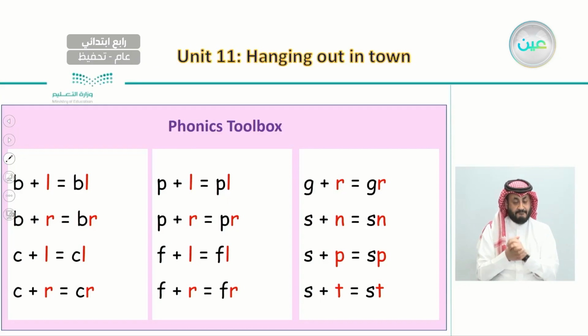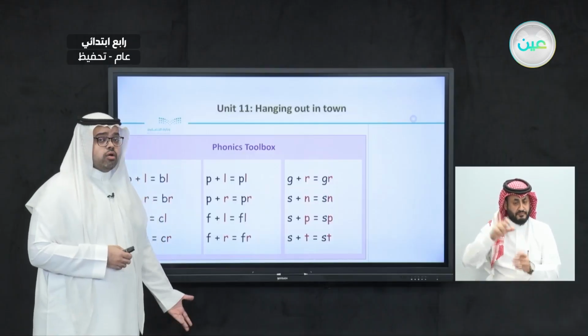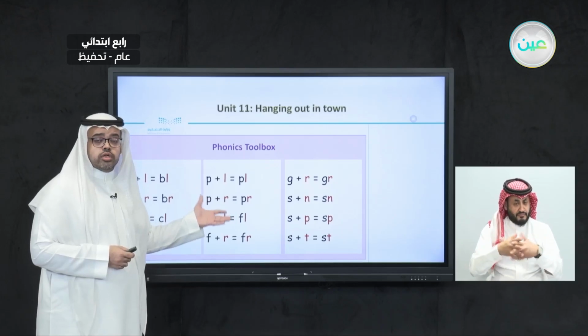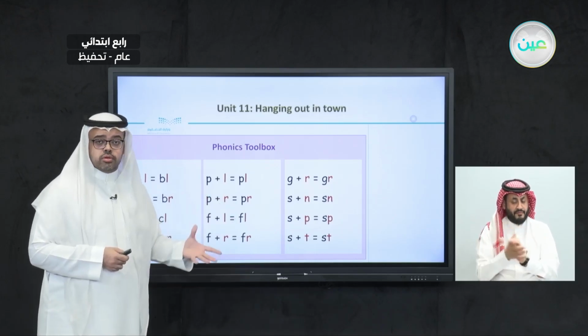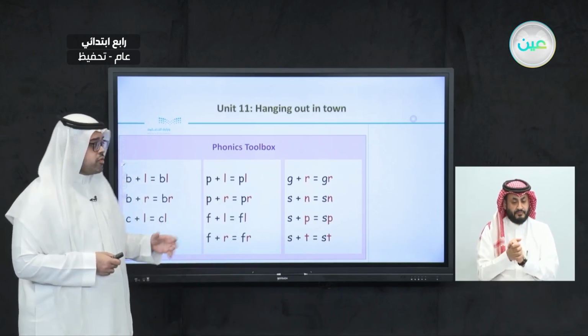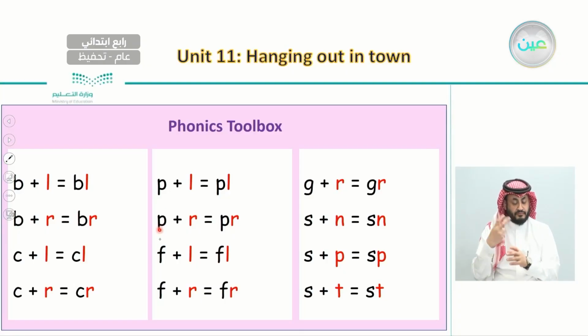The same goes here in the middle. Here we have P and L, and they also represent one unit, as if we said plural. The same goes for the second one. Here we have P. If we add to it R, it will be pronounced as present.